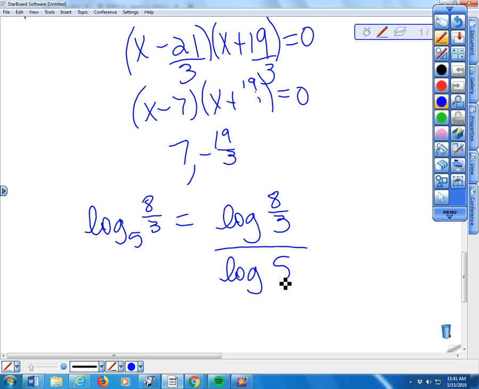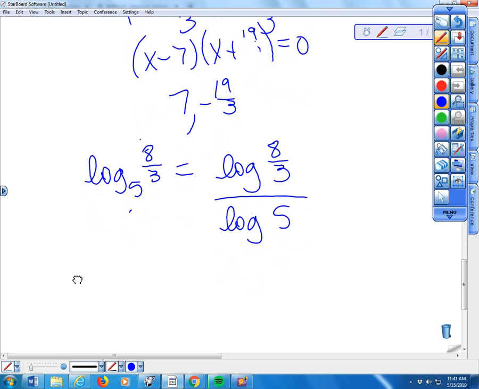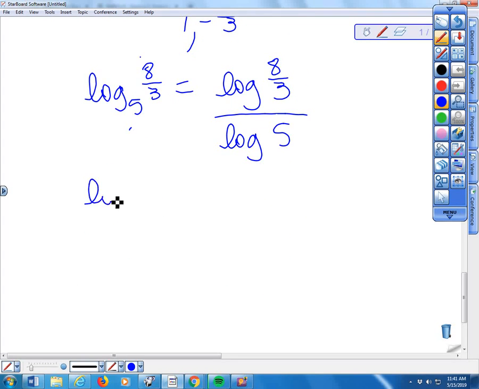Change of base, log of this divided by log of this. Right? And the log of 8 thirds I could rewrite as log of 8 minus log of 3 all over log of 5.